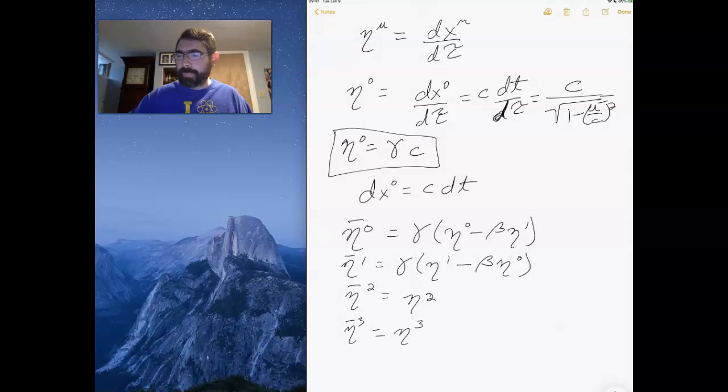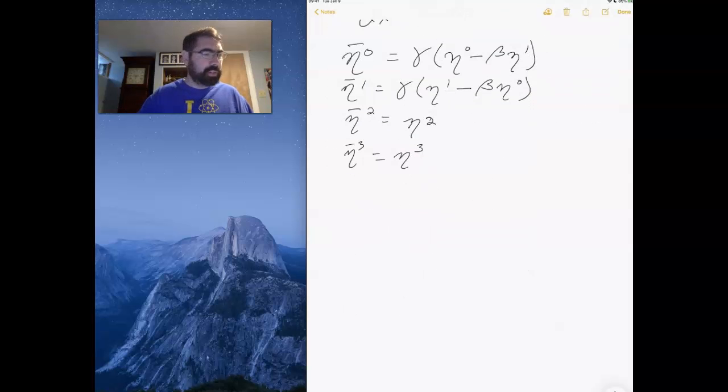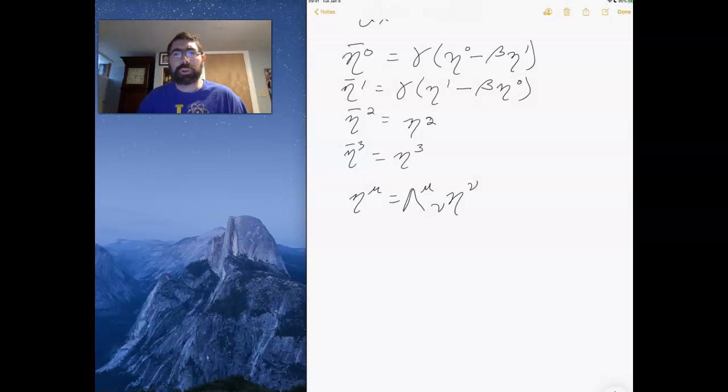Like so. And I can write this out now as a Lorentz transformation, eta mu is gamma mu nu eta nu, where I don't have to write the bar anymore because the indices indicate which frame it's in, whether the mu frame or the nu frame. Okay, so I'm going to stop here.